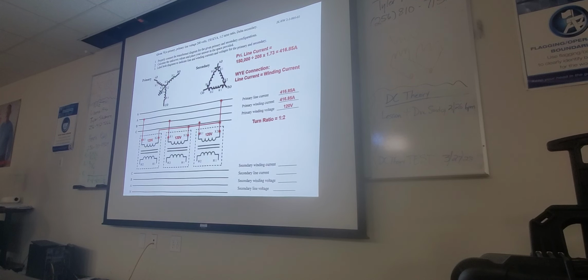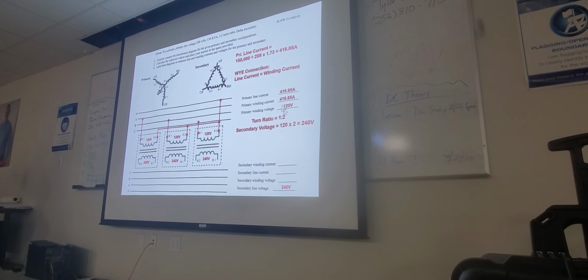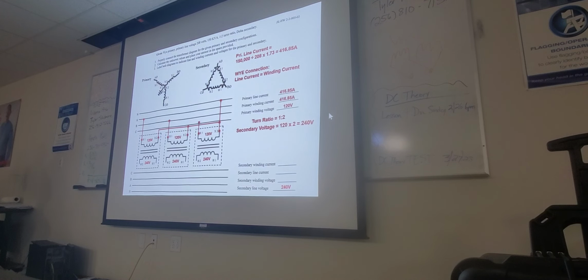So we'll divide 120 by 1/2. Going back to elementary math, dividing fractions: keep it, change it, flip it. So instead of 120 divided by 1/2, it's 120 times 2. That gives us a secondary winding voltage of 240 volts.